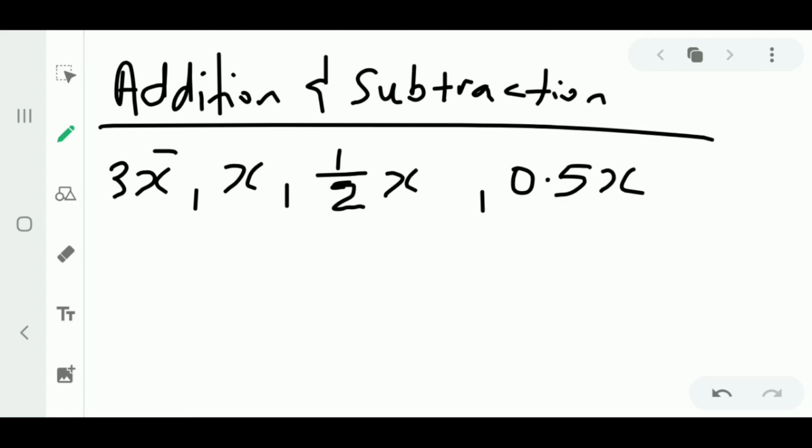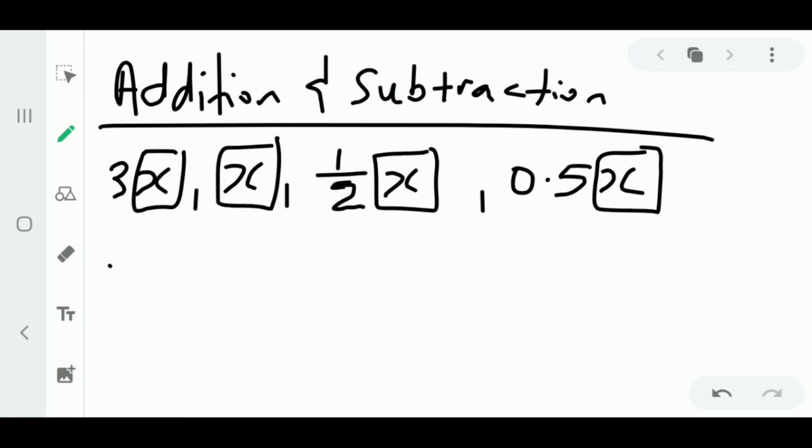If you pay attention to each of the x's, you would realize they're of the same power. Remember, if you don't see a power, that means the power here is 1. So each of these have the same power, so they are compatible to add or subtract together.